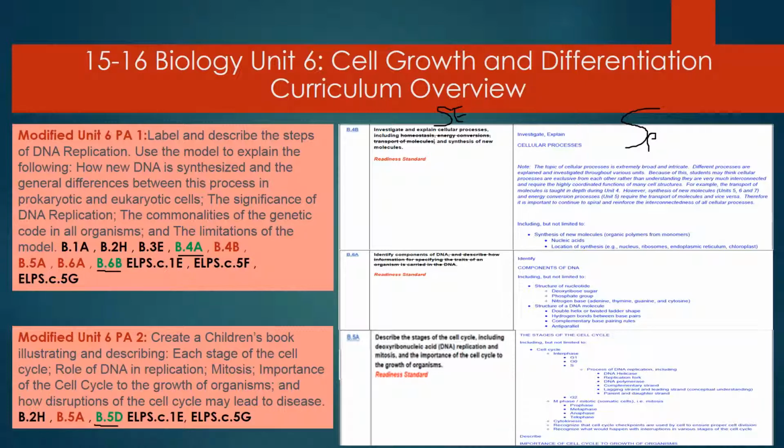So here we see B4B, which is a readiness standard for the modified Unit 6 PA1, as well as B6A and B5A. And B5A will also be embedded in the Unit 6 PA2.